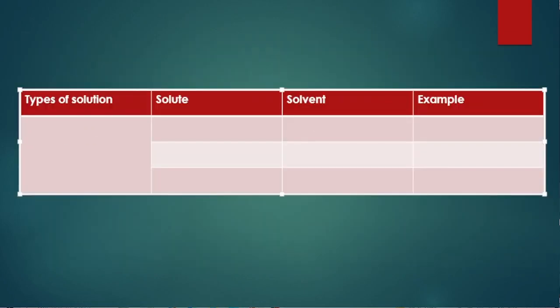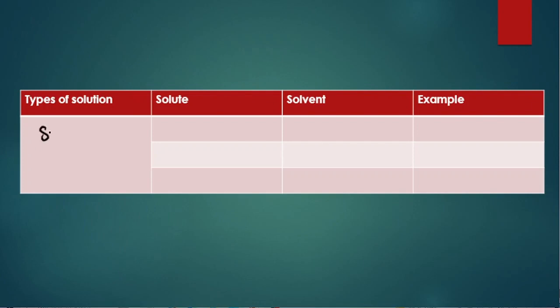So, moving on to solid solutions. The next type of solution is solid solutions. If the solution is a solid solution, then the solvent will always be solid, while the solute can be solid, liquid or gas.